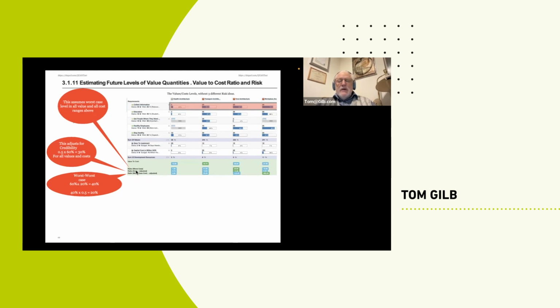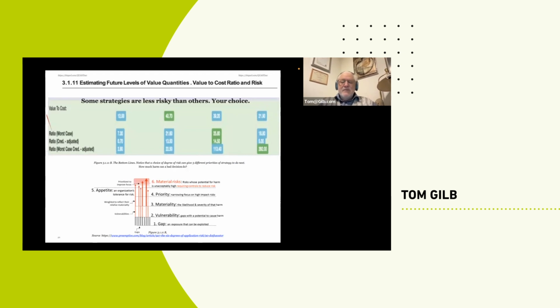By the way, if we were to look at the credibility factor, remember 0 is no credibility, bad estimate, 1.0 is perfect credibility, and multiply that times everything, then it turns out this option is also the best option. But if we were to combine the worst case and the credibility, I call it worst case, then it turns out this option is the best one. If nothing else, this gives interesting discussions on what it means to have a best design or strategy for qualities. Okay, enough of that.